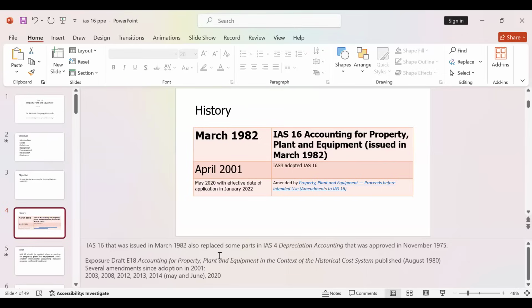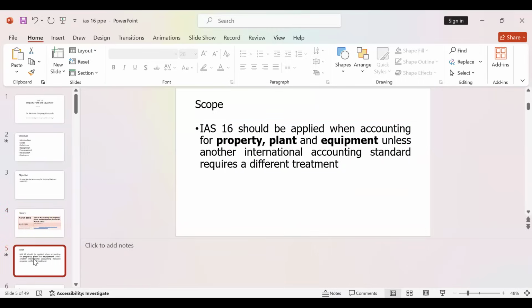And it was amended with regards to proceeds before intended use. So that was the last amendment that was made. So that's about the brief history of the standard. It was adopted in April 2001 and gone through several amendments, and the last amendment was done in May 2020.